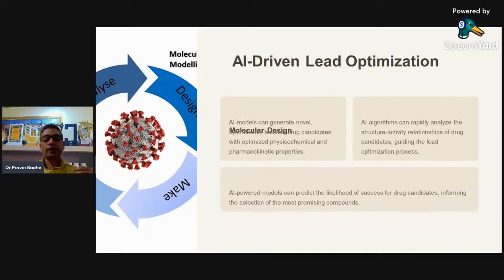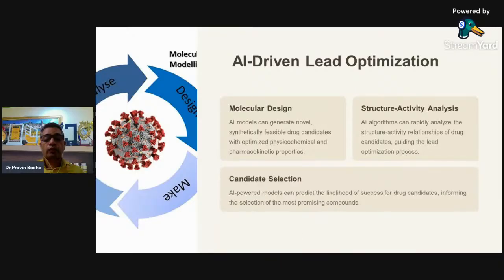As mentioned, you can do the molecular designing of the already identified lead compound. You can do the designing so that it is feasible for synthesizing, which will be helpful to give good optimized physicochemical properties and also pharmacokinetic properties. Then you can also look at structure-activity analysis with the AI algorithm, which can rapidly analyze the structure relationship of the drug candidate with the leads.